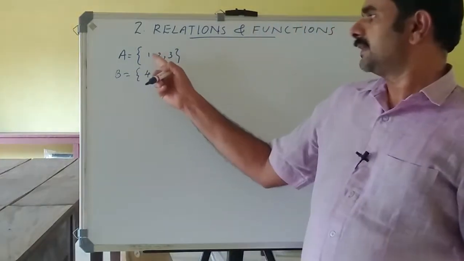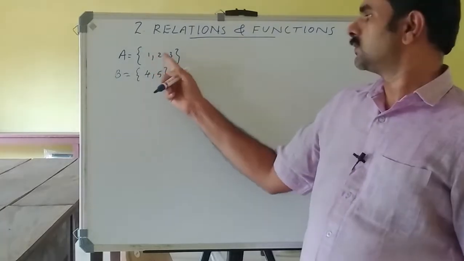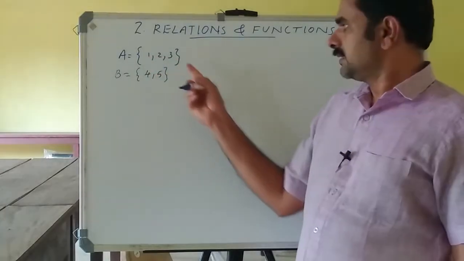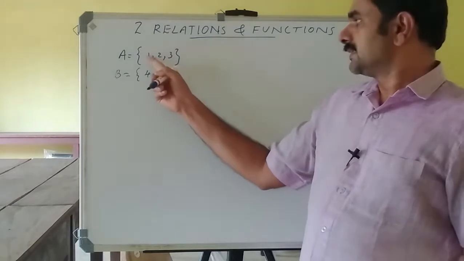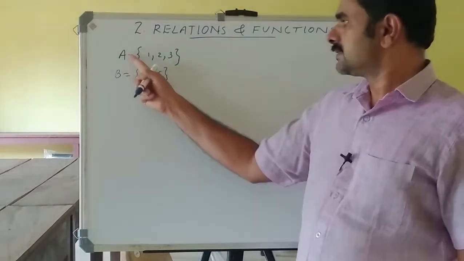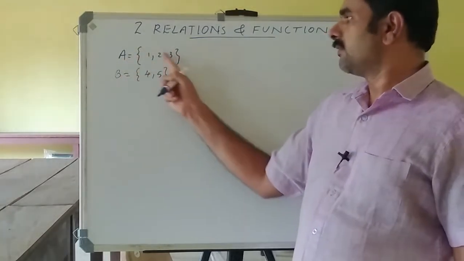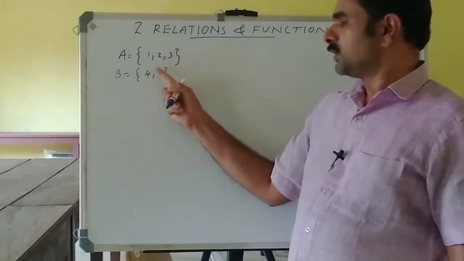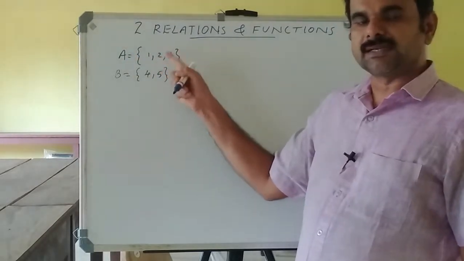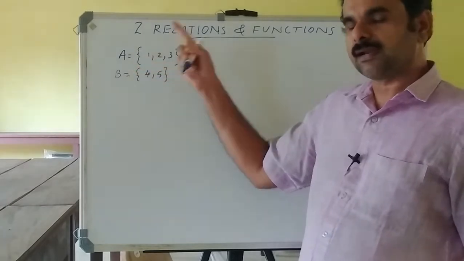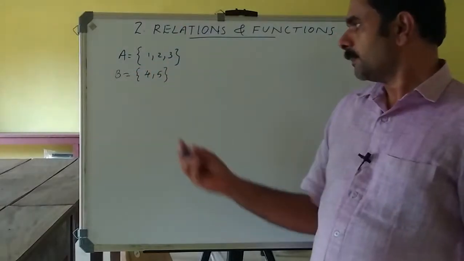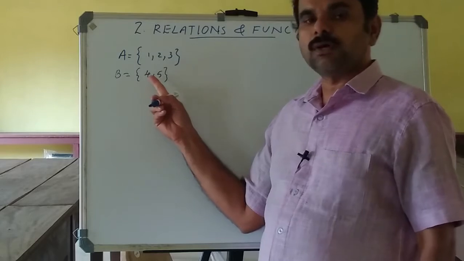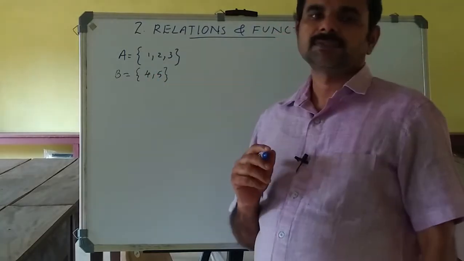Number of elements in set A is 3: 1, 2, 3. We know that these are elements, isn't it? This is the name. Name of this set is capital A. Usually, name of every set is described by capital alphabets. Okay. And another set B, there are two elements, 4 and 5.